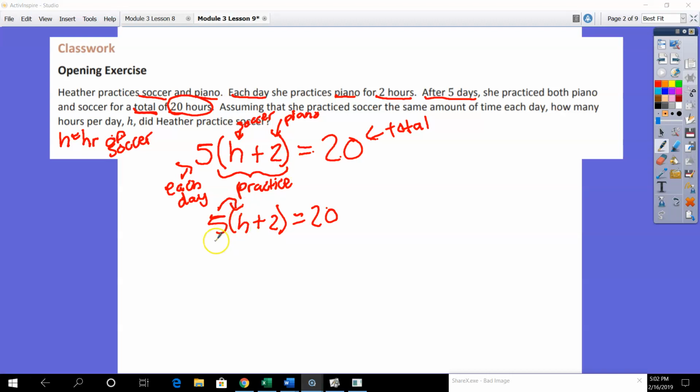So that's 5 times H, which is 5H. And this is the part that a lot of people keep forgetting. We have to also multiply 5 times positive 2, which is a positive 10, is equal to 20. So first we distributed.